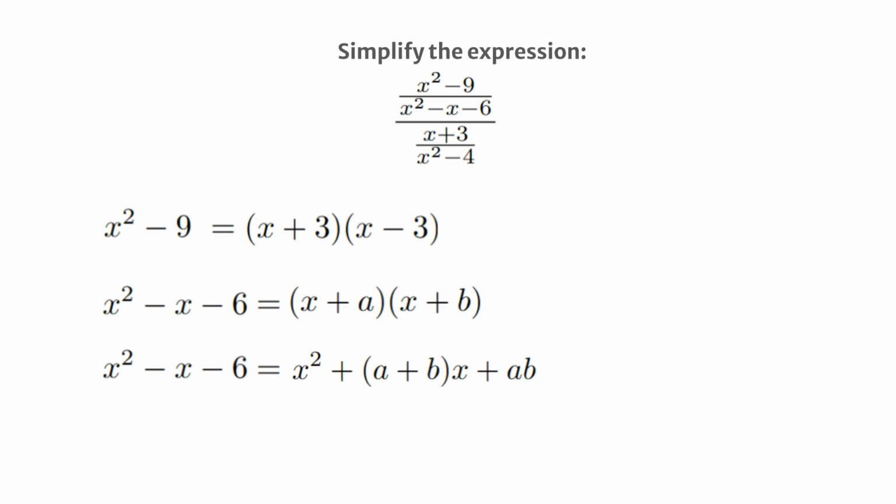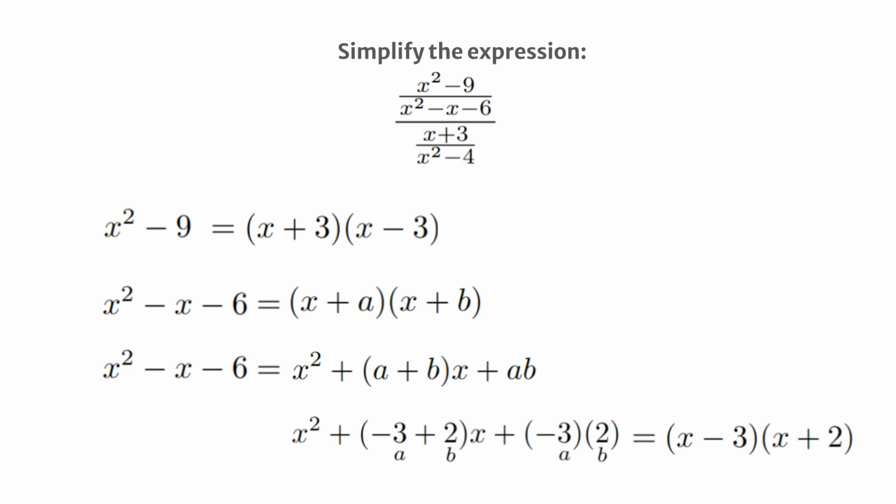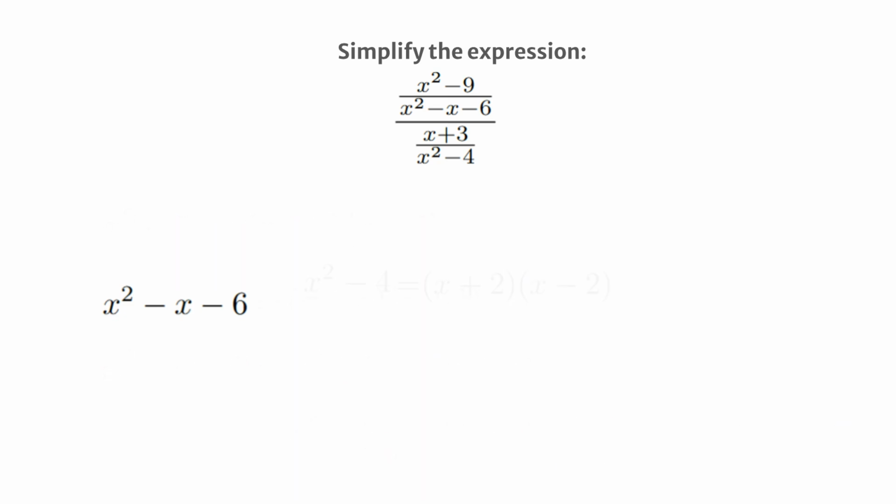Comparing this with our expression, we can see that the product a times b is equal to minus 6, and the sum a plus b is equal to minus 1. We have two numbers that fit perfectly. a is equal to minus 3, and b is equal to 2. So we get x squared minus x minus 6 is equal to x minus 3 times x plus 2.